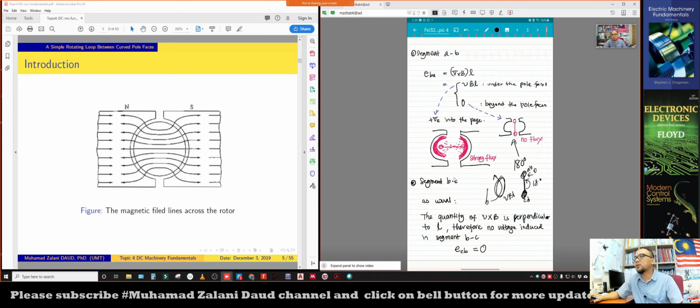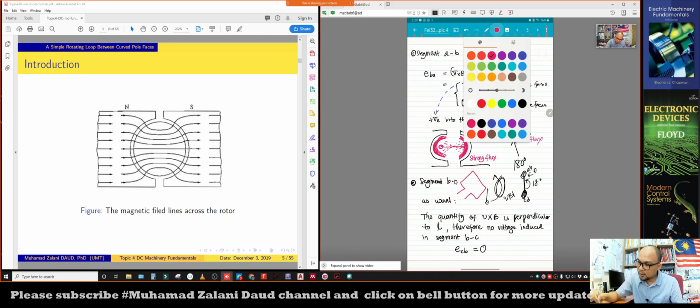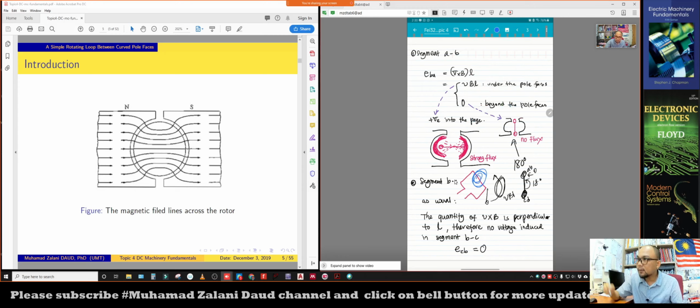So when we calculate the voltage induced at the segment BC, let's say this is the wire loop. So segment BC refers to this segment, right? Since the quantity V cross B for segment BC is perpendicular to L, okay, L is in that direction, right?